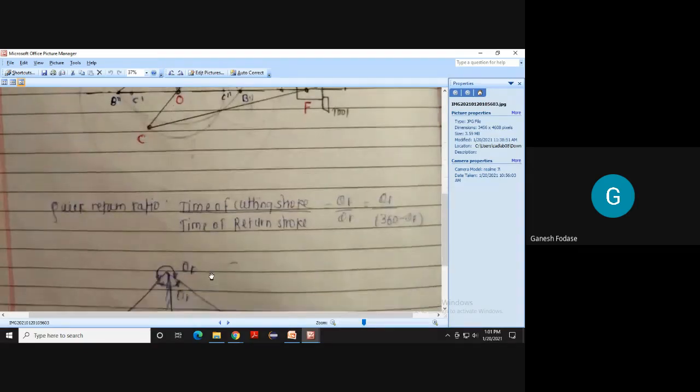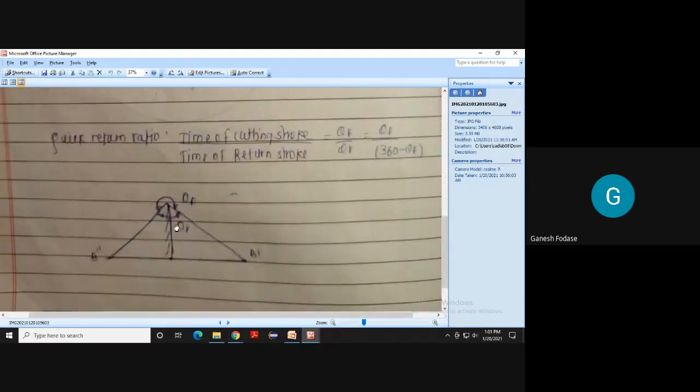And this geometry is used to solve numericals. If these lengths are known, that means this length S is known, this crank length is known, then you can find out this angle, and that is used to determine the quick return ratio. Means to determine the quick return ratio, they will not give you theta and theta r, but they will give you dimensions of this S and L, or S and crank.